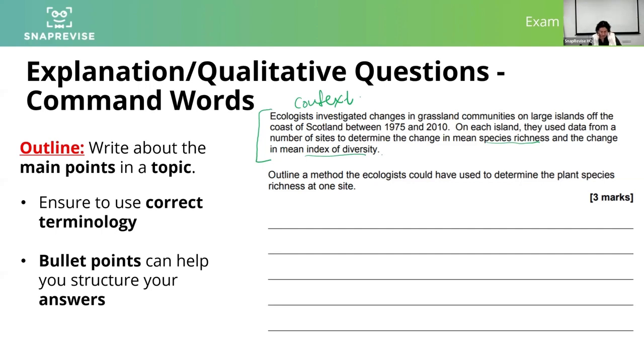My command word here is, of course, outline, and my direction is the method that the scientists can use to determine the species richness at one site. So only the species richness, right? I'm not going to talk about the index of diversity. That's kind of superfluous information here.